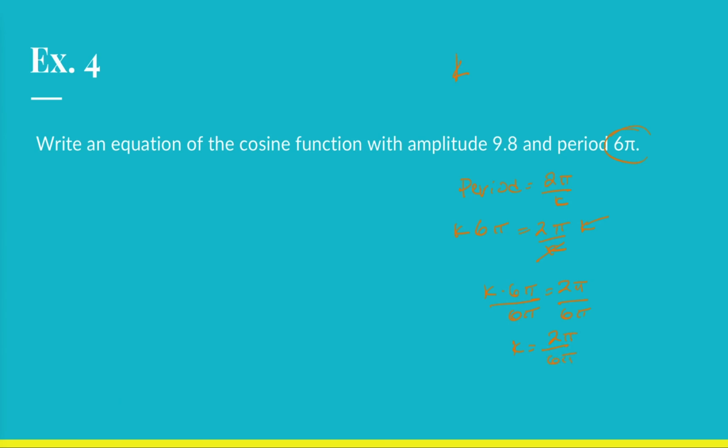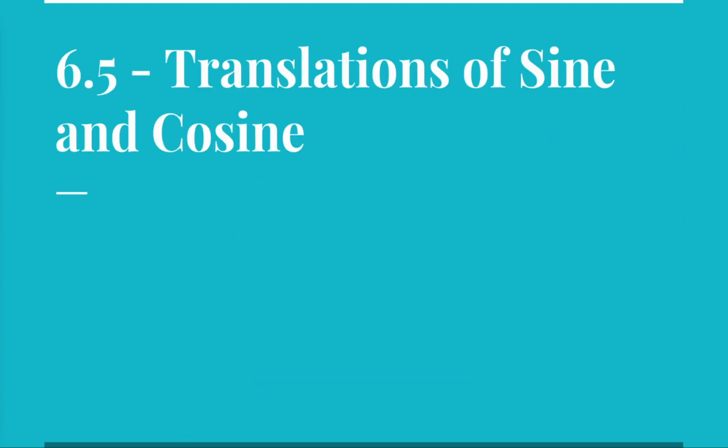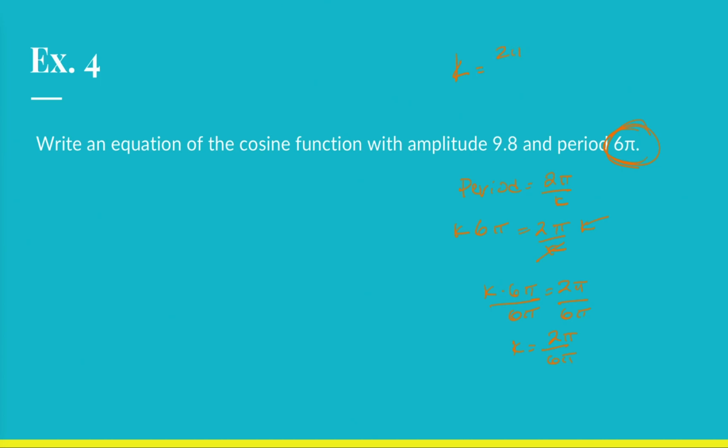So if you know the period and you're trying to solve for k, k is equal to 2 pi over the period. And the period is equal to 2 pi over k. So 2 pi over 6 pi, your pi's cancel out, 2 over 6 is equal to 1/3.